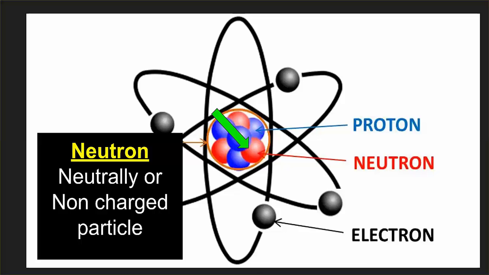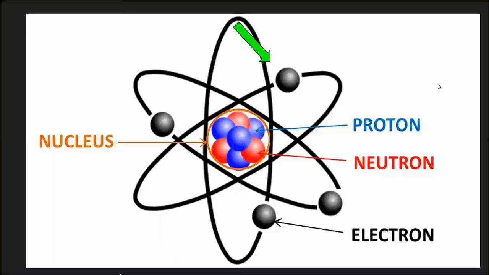Because they have a neutral charge, there can be more or fewer neutrons in an atom. For example, hydrogen doesn't have a neutron at all, and some atoms have extra neutrons or fewer neutrons. They have no charge.